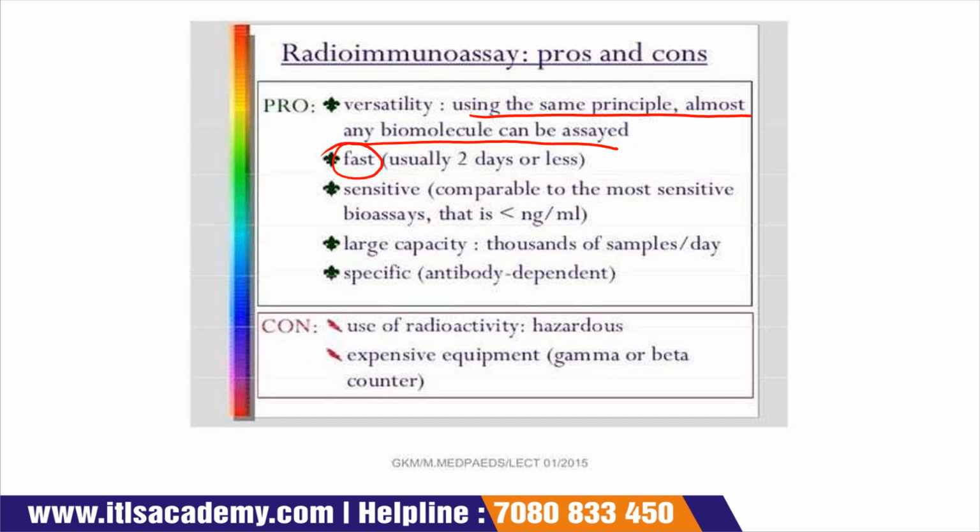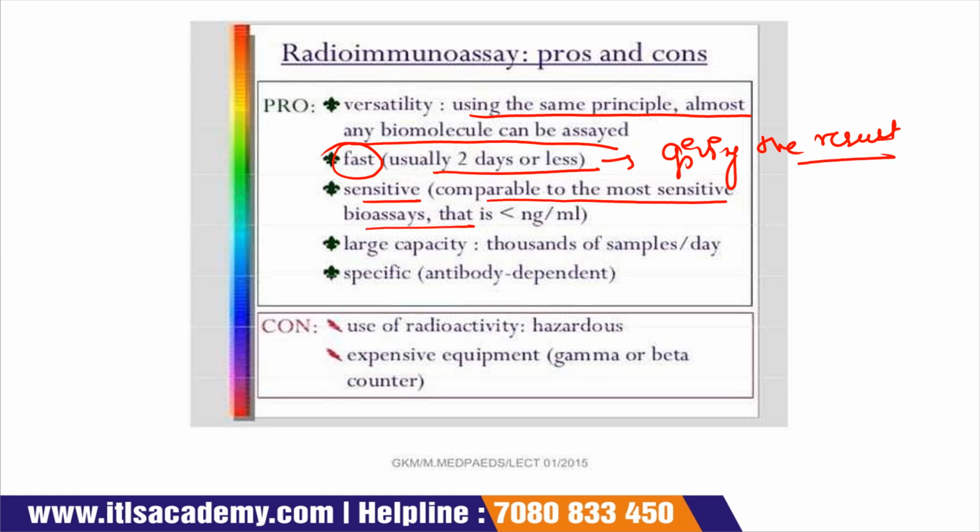It is very fast, usually taking only 2 days or less to give the result. It is sensitive, comparable to the most sensitive bioassay, less than nanogram per ml. It has large capacity, thousands of samples per day, and is specific, antibody dependent.